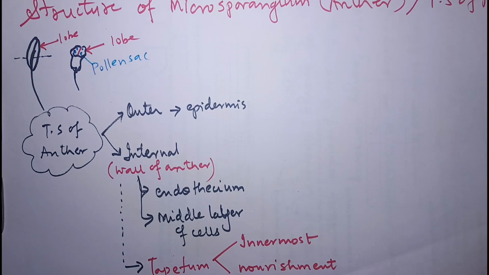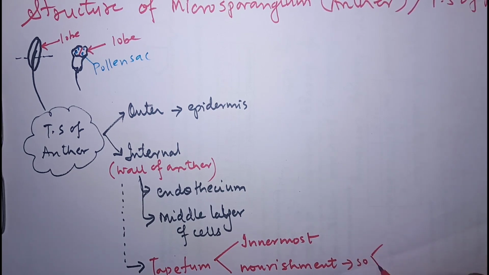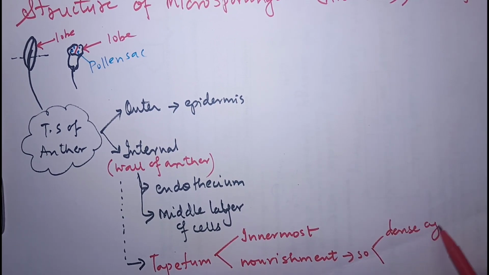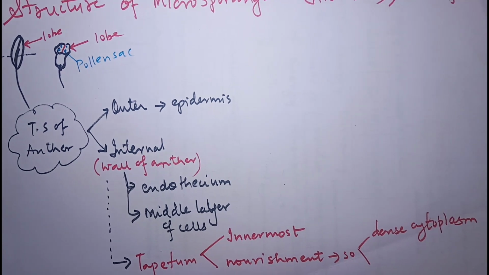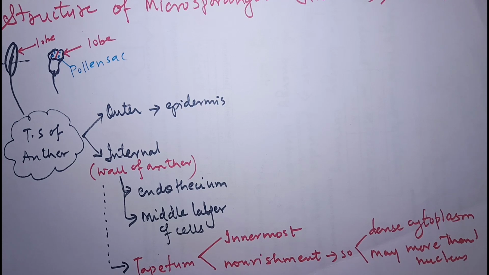Since it provides nourishment, it has dense cytoplasm because it is providing nutrition, right? And secondly, it may have more than one nucleus.